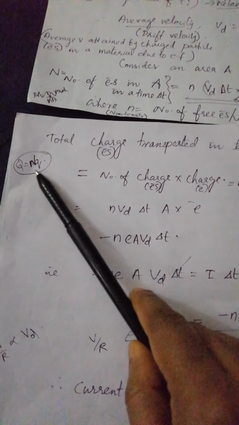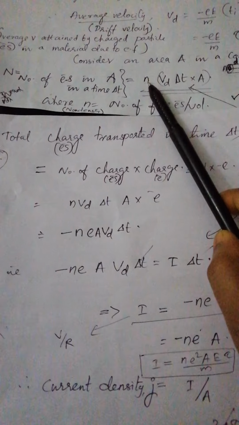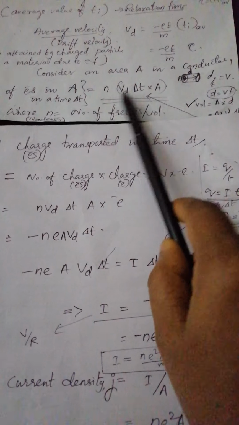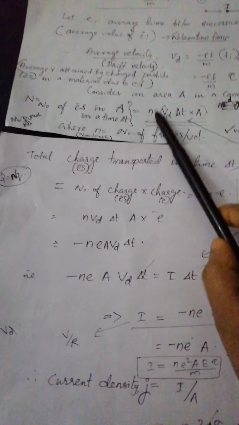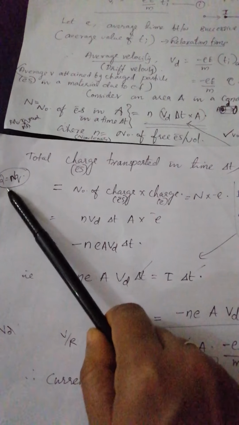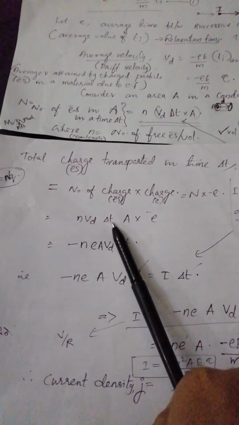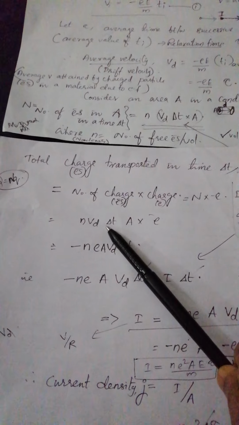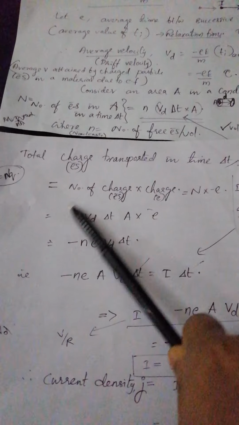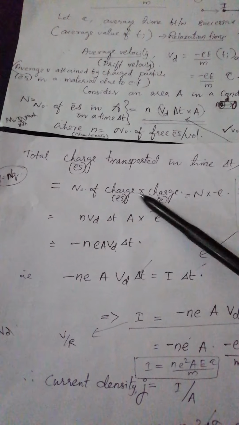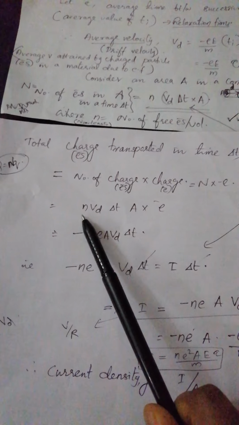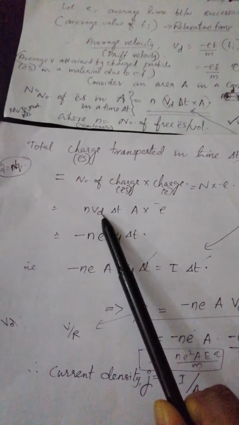We got the number of charges as number density into volume, that is n Vd delta t into A. Here the charge is the charge of an electron, minus e. So putting n Vd delta t A for the number of charges and minus e for the charge, we get minus n e A Vd delta t.